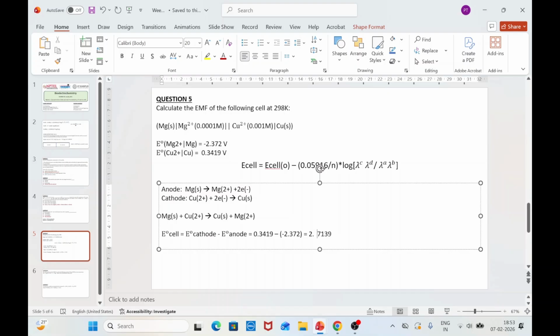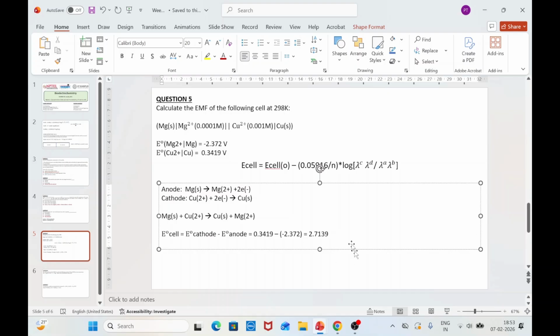Is this fine? Just let me know if there's any calculation error. So this is E naught of the cell.